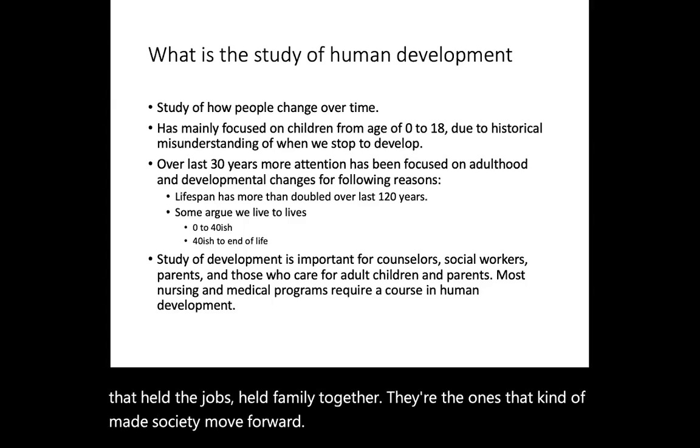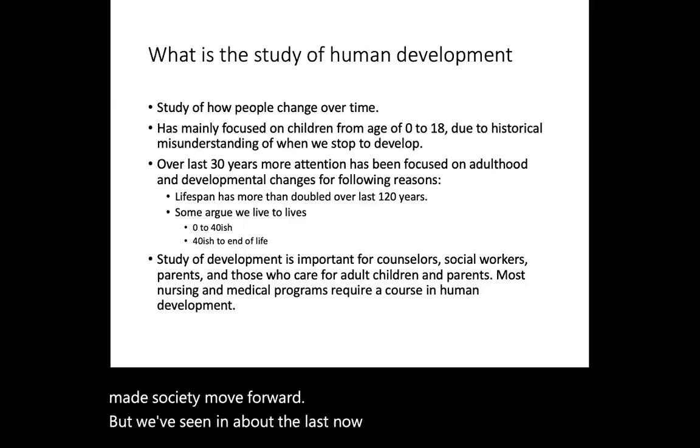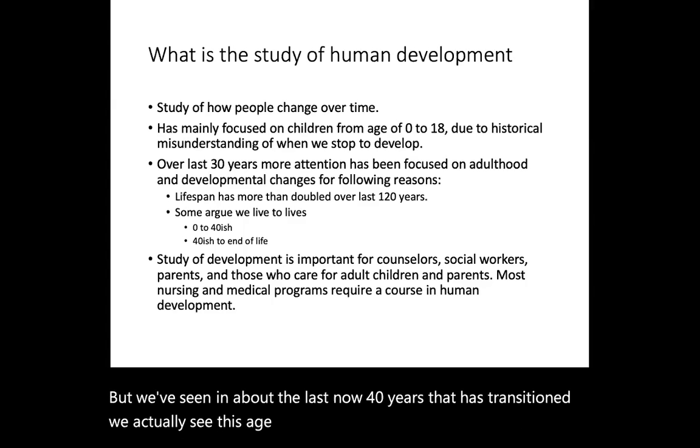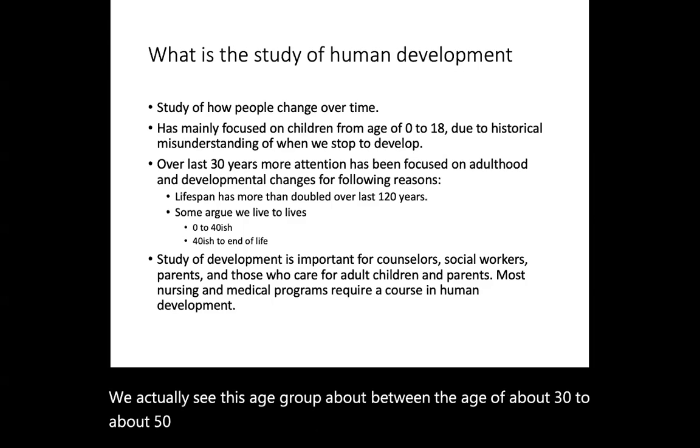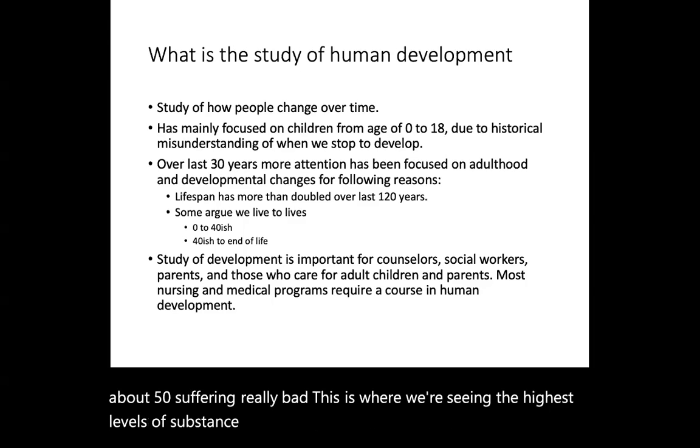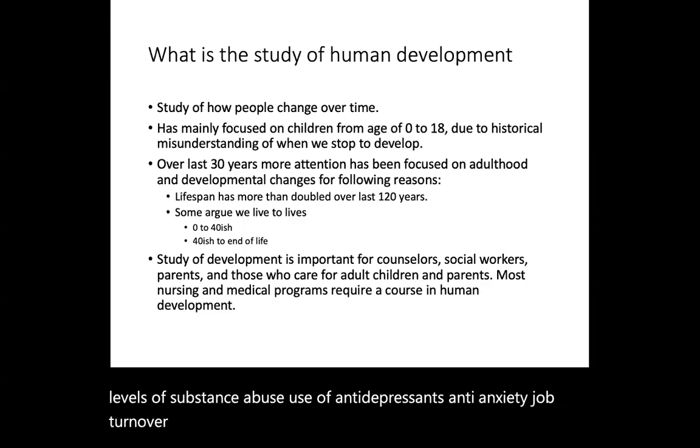But we've seen in about the last 40 years that this has transitioned. We actually see the age group between about 30 and 50 suffering really badly. This is where we're seeing the highest levels of substance abuse, use of antidepressants and anti-anxiety medication, job turnover, and relationship problems.